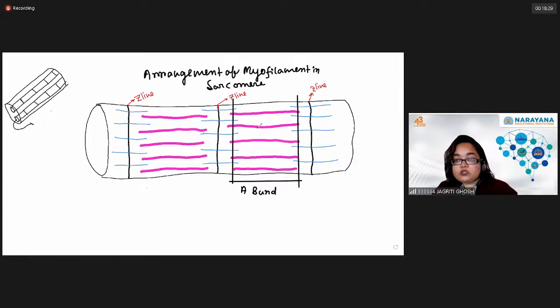The portion which is occupied by the thick filament, no matter whether in that portion thin filament is present or not, the total area which is occupied by the thick filament is called the A band.